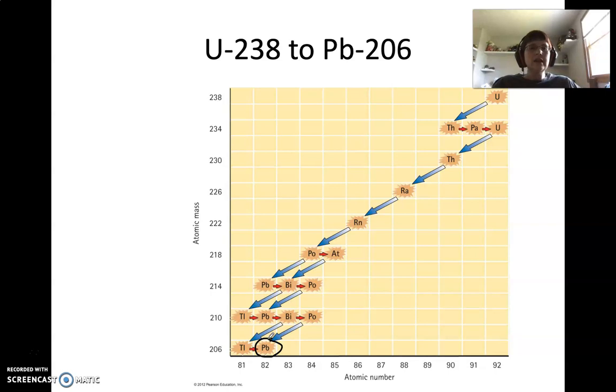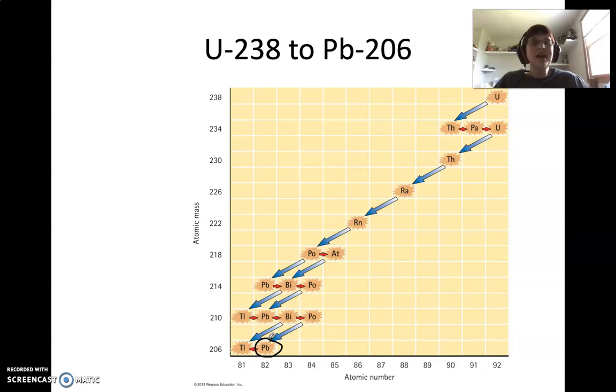And this actually is an incredibly useful thing to know, because knowing the amount of uranium-238 and lead-206 in a rock can give us some very useful information. It actually can tell us about how old the rock is, because that gives us the half-life.